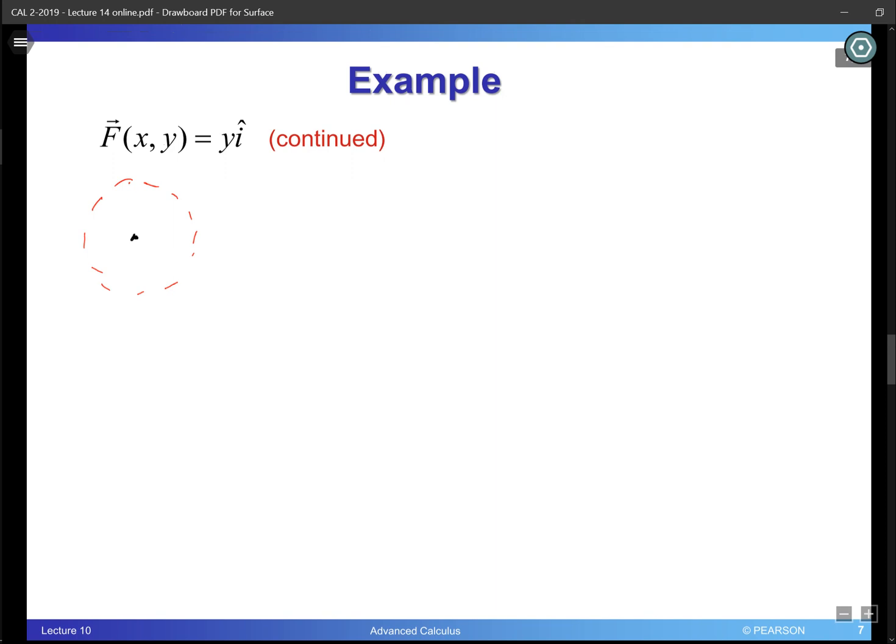As you can see from before, the vector at the lower part is going to be smaller than the one at the upper part. So we have a smaller one here, bigger one here, and bigger one here. Imagine these arrows to be force.